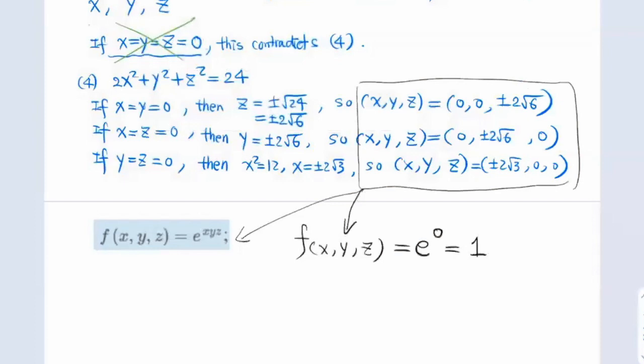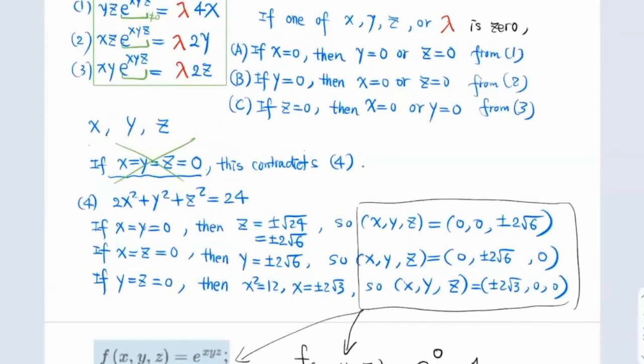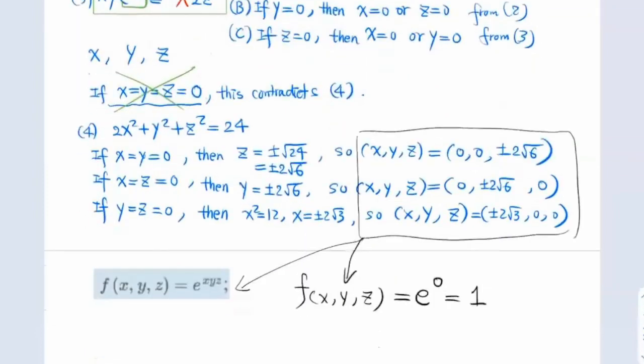So all of those have function value 1. So we covered the case that if one of x, y, z is equal to 0. That was the first case. So we have this over here, and we found those x, y, z, and the function value will be 1.